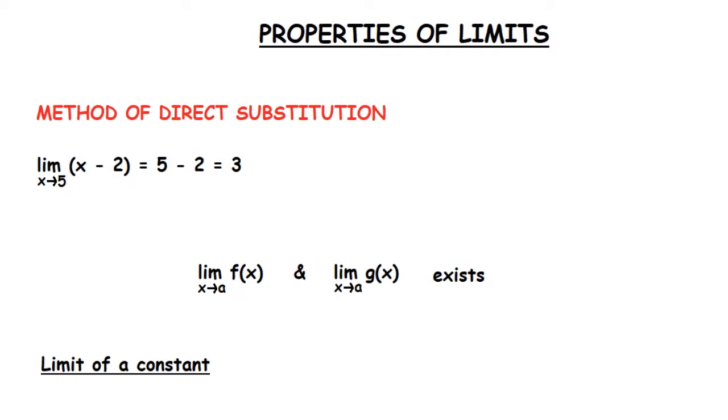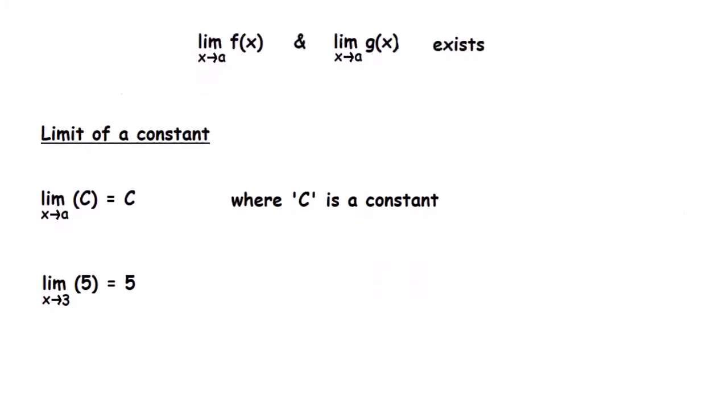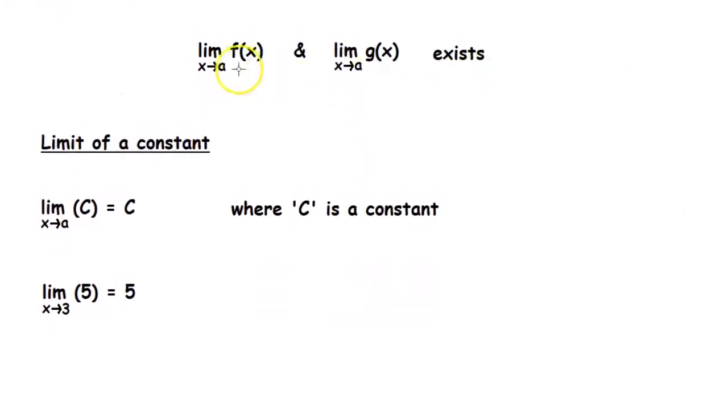Now let's move on to the properties of limits. So here, for the following properties, let's assume that the limit of f of x as x tends to a and the limit of g of x as x tends to a exists. So the first property is when we find the limit of a constant.